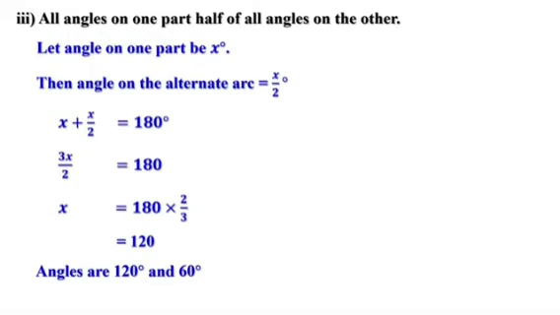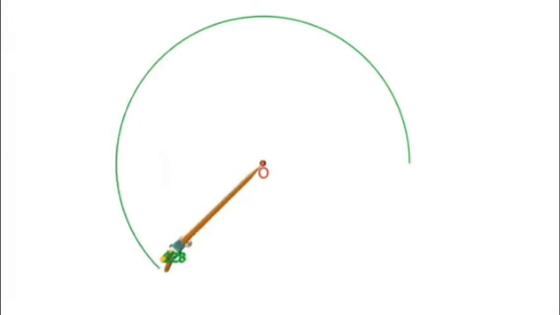Then the central angles are 240 degree and 120 degree. Therefore, we can draw a circle and we can take 120 degree at the center and make an angle. Then the other central angle will be 240 degree. Draw a circle and make an angle of 120 degree at the center.